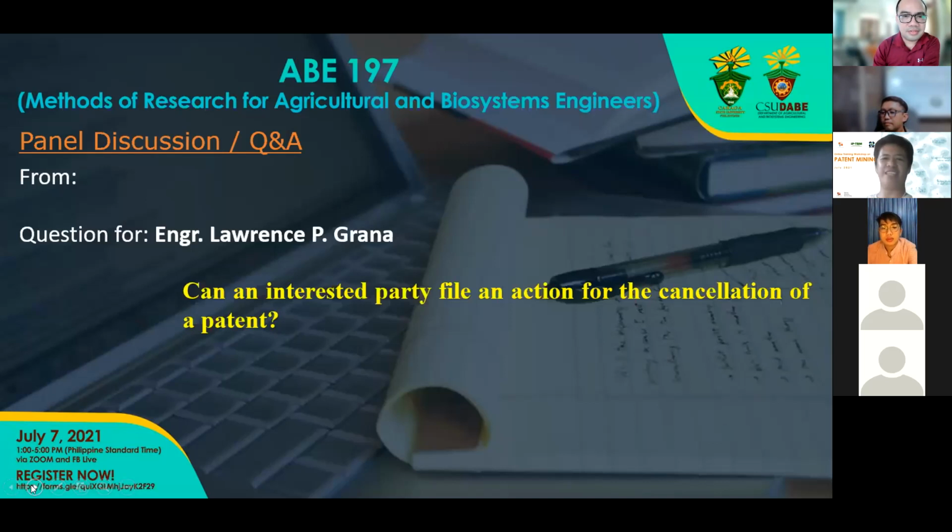If he has evidence that a certain patent is not novel, let's say he has found a prior art that destroys the novelty of the invention, that's a reasonable action. You can file a cancellation for that patent.